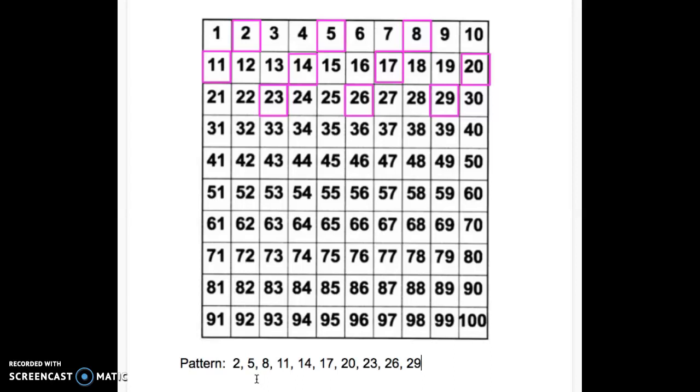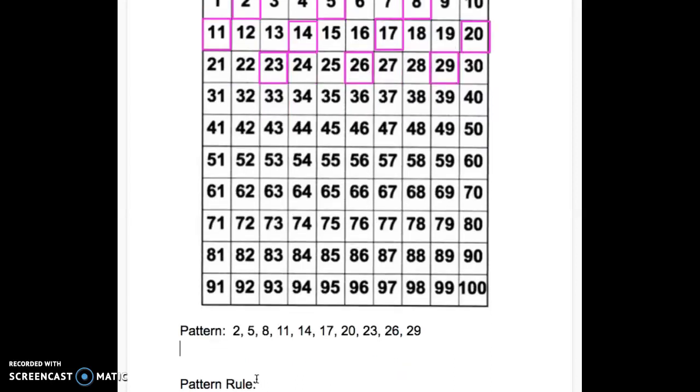I can right away say a couple of things about this pattern, and I'm sure you could too. Number 1, I can see that this pattern is growing or increasing. Every time, the number is going up, so it's a type of increasing pattern. But aside from the fact that it's going up, I can start to describe the pattern, and the way I describe it is called our pattern rule.